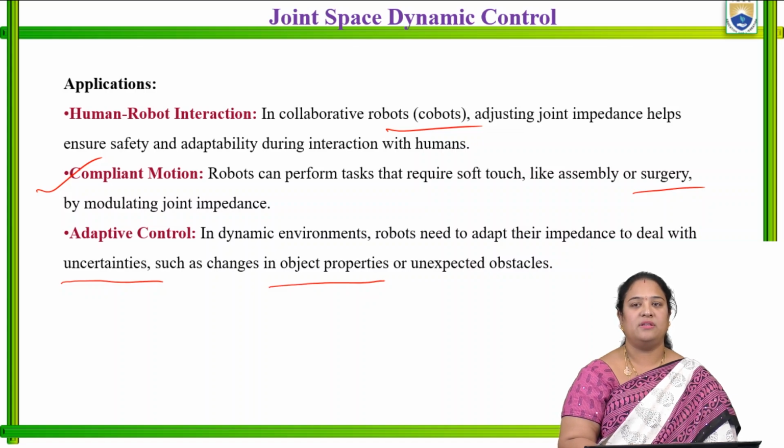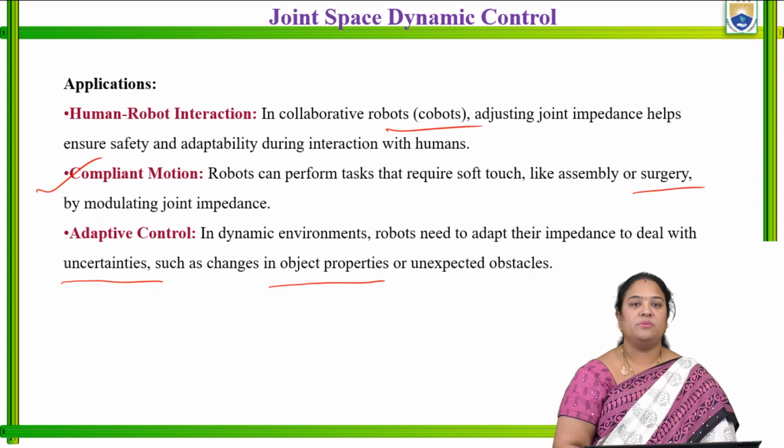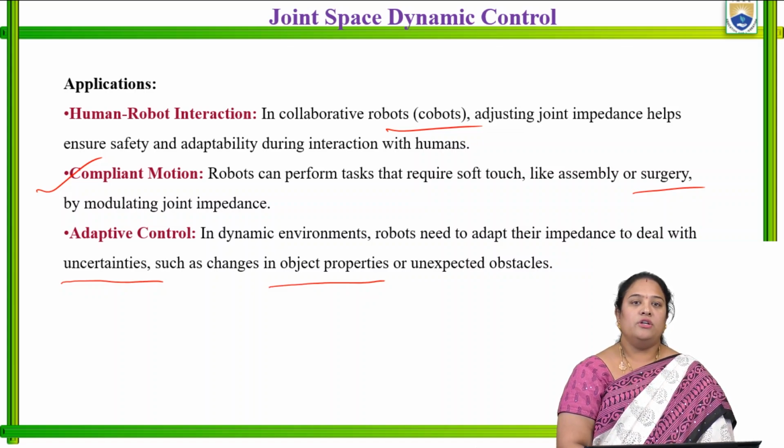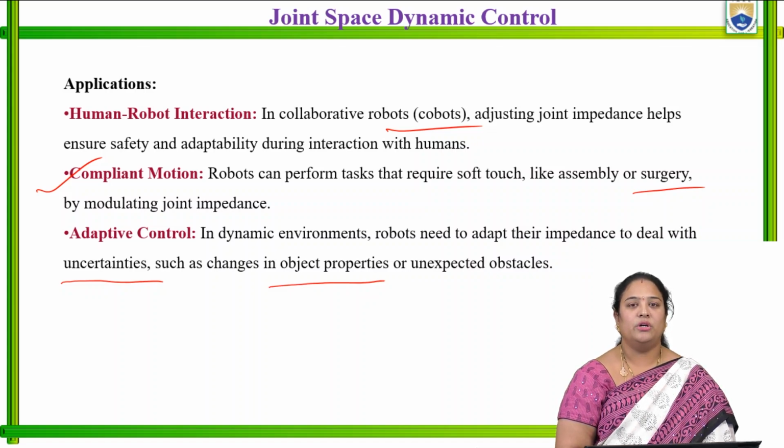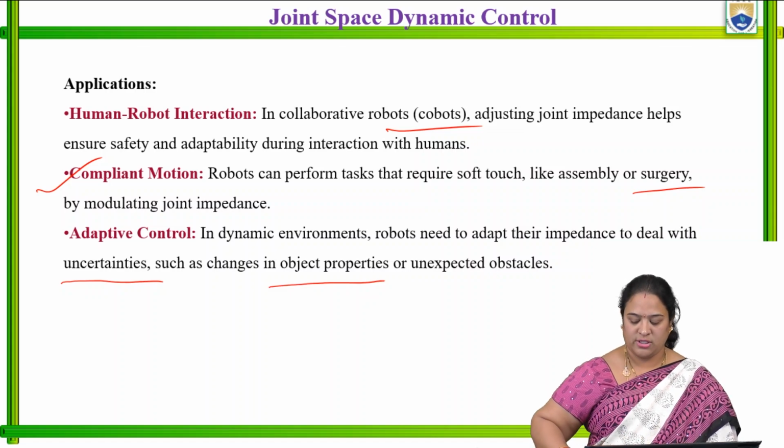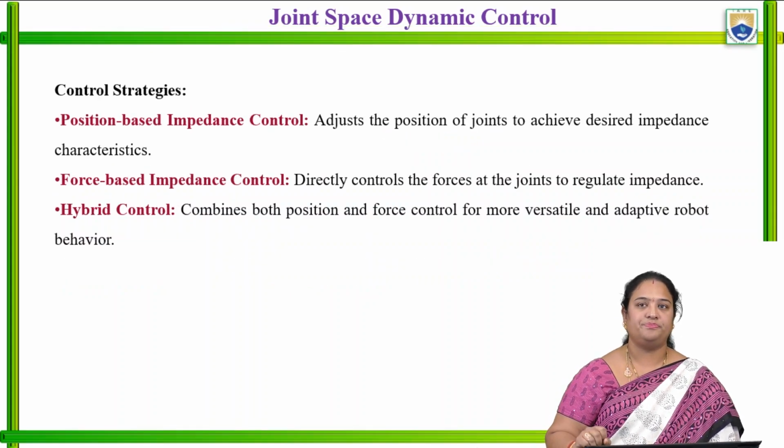When we come across unexpected obstacles, changes in object properties, or uncertain environmental conditions, the robot has to adapt itself and control accordingly. The robot should adapt to the environmental conditions and work accordingly. These are the three main applications of the joint space dynamic control system.